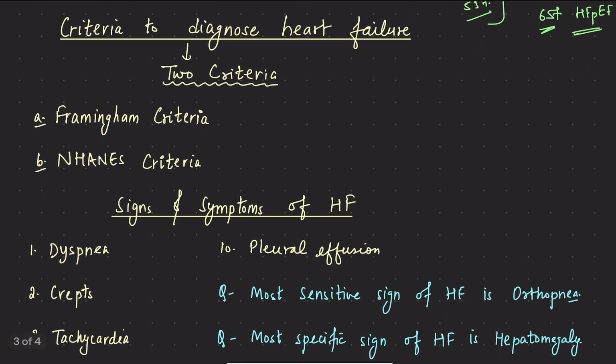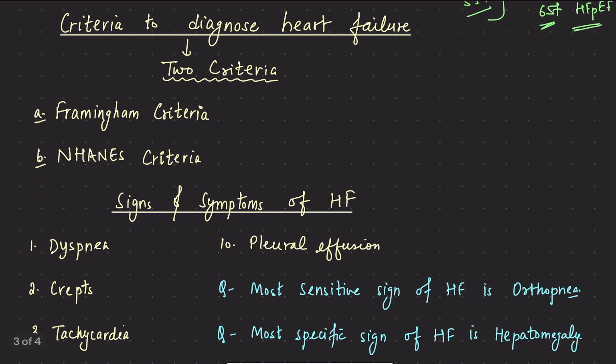How do you diagnose heart failure? There are basically two criteria. One is the Framingham criteria, second is the ENHANCE criteria. Framingham criteria is derived from the Framingham study that was started in 1948 and it is still continuing. 70 years plus have passed, and most of our understanding of heart failure has come from this study.